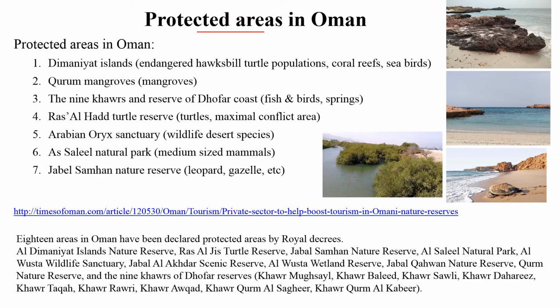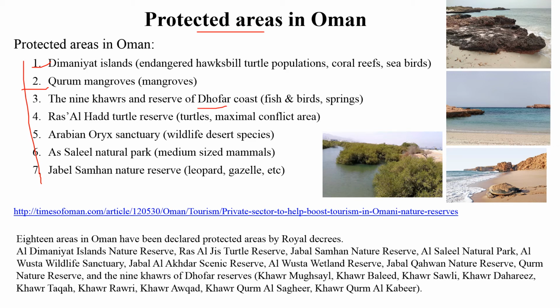And protected areas of Oman, as I talked about earlier, there are 3 designated marine protected areas, but besides these MPAs there are also other protected areas. Dimaniyat Islands are a protected area as well as an MPA. Kuram is a protected area.